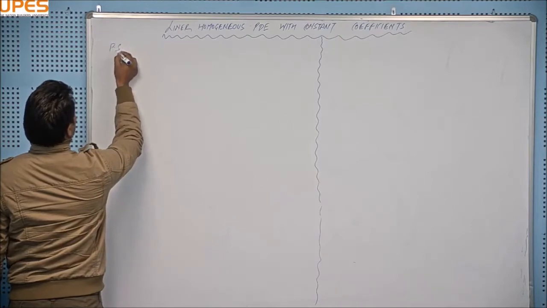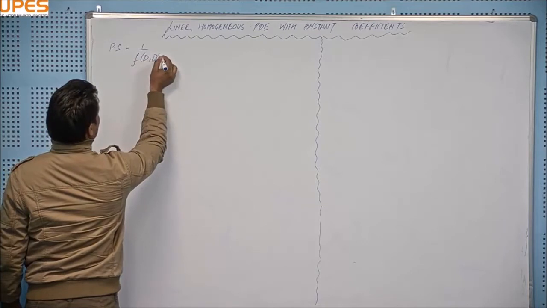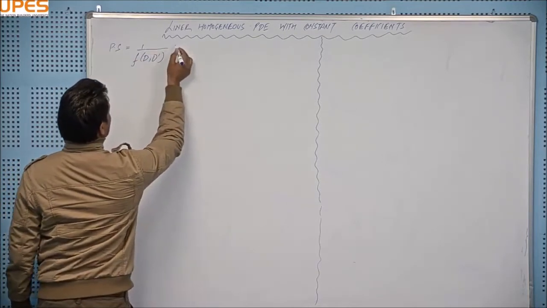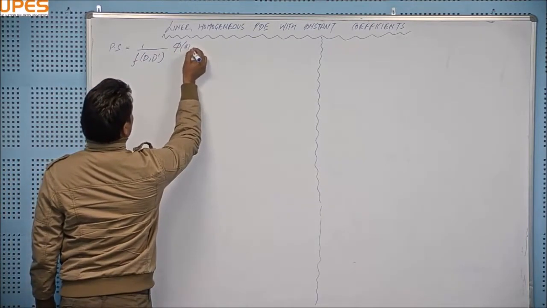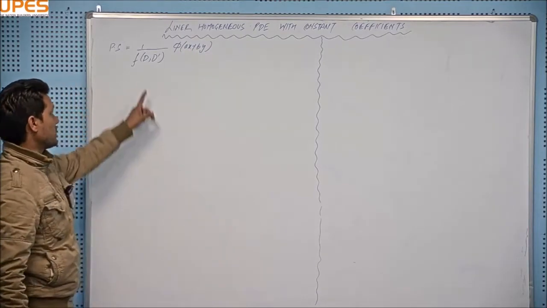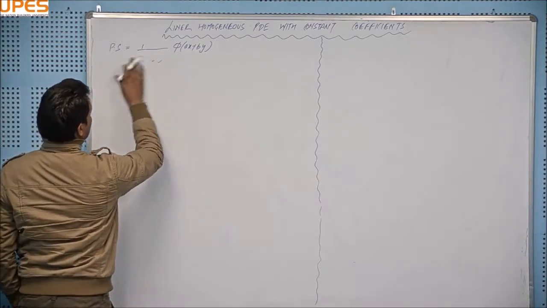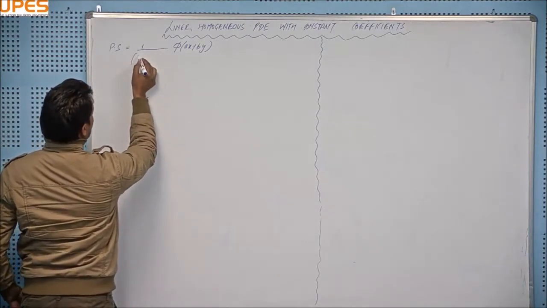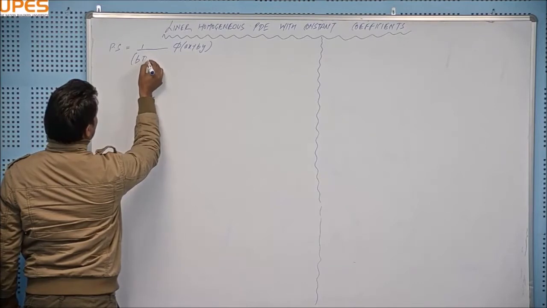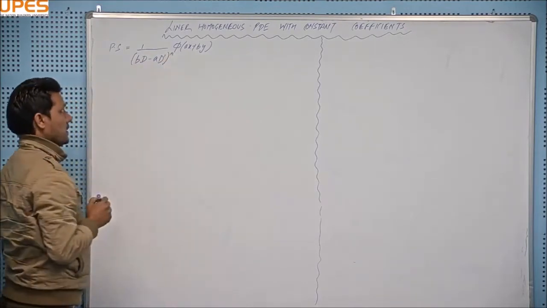a particular solution, 1 upon f(D, D'), and here we had phi(ax + by), and we discussed the case when this f(a, b) was 0, and precisely it was of the form (bD - aD') to the power n.